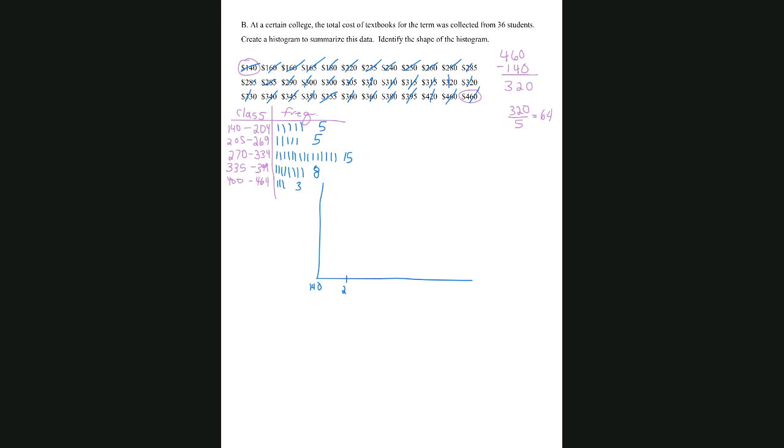Remember that the histogram, this first bar is only going to include 140 to 204. And then I'm going to pick up 205, and these bars should be approximately the same width. Actually, I'm not going to go over to 269 because I'm going to start at 270 based on the tradition of writing the histogram.